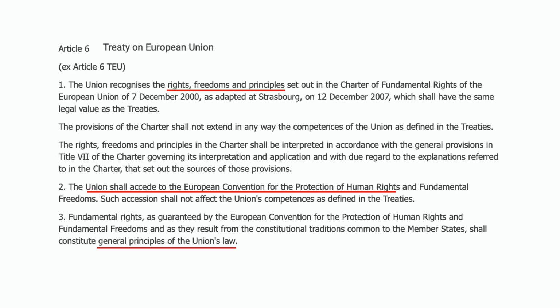The Union shall accede to the European Convention for the Protection of Human Rights and Fundamental Freedoms. Fundamental rights, as guaranteed by the European Convention for the Protection of Human Rights and Fundamental Freedoms, and as they result from the constitutional traditions common to the Member States, shall constitute general principles of the Union's law.